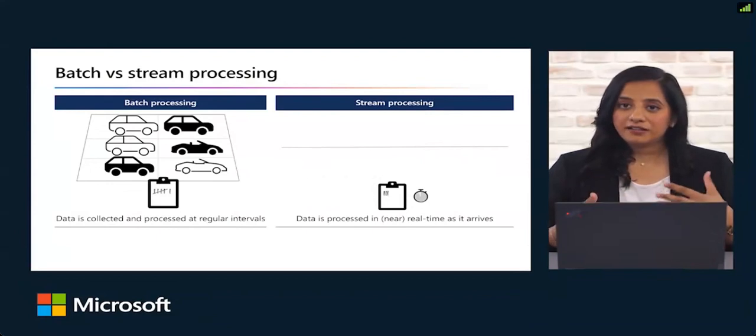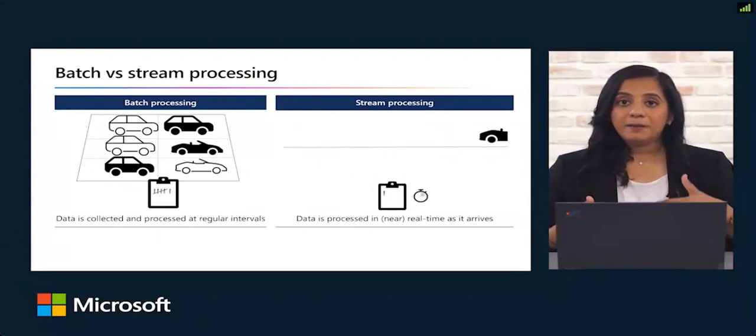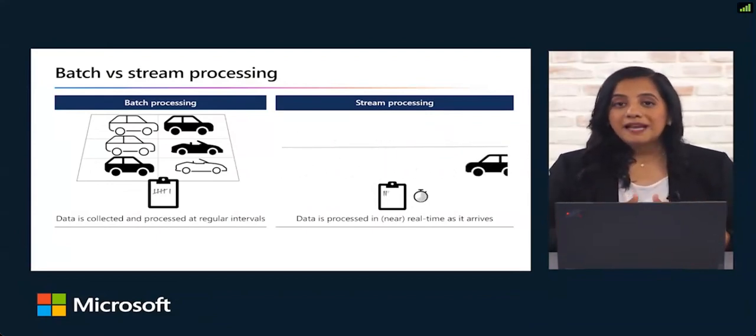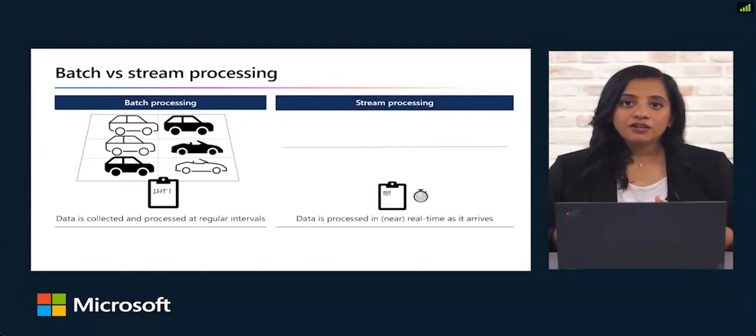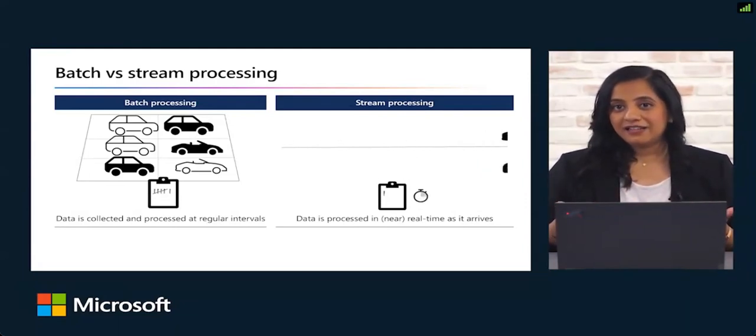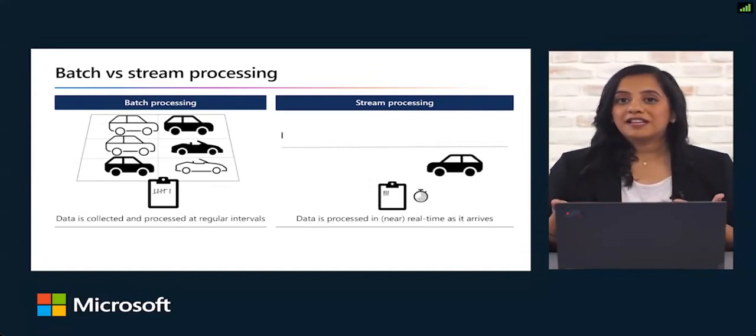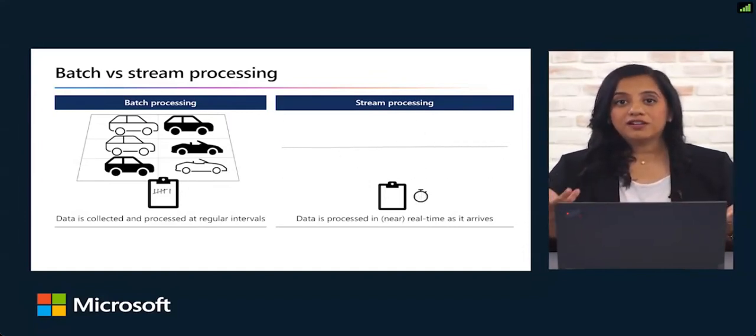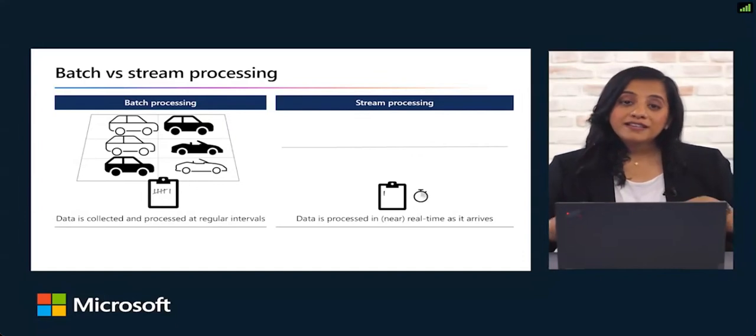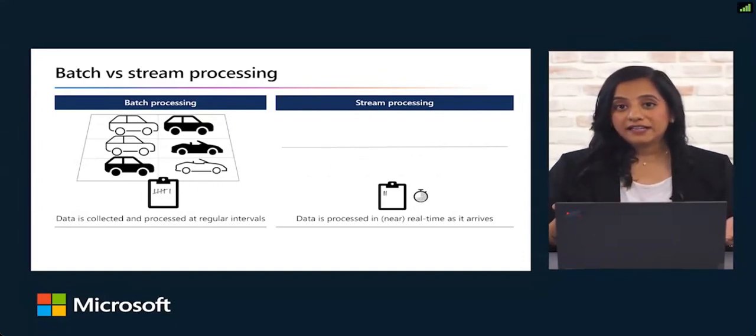These were some of the differences, but you can also combine batch and stream processing. Many large-scale analytics solutions include a mix of batch and stream processing, enabling both historical and real-time data analysis. It's very common for stream processing solutions to capture the real-time data, process it by filtering or aggregating it, and present it through real-time dashboards and visualizations.